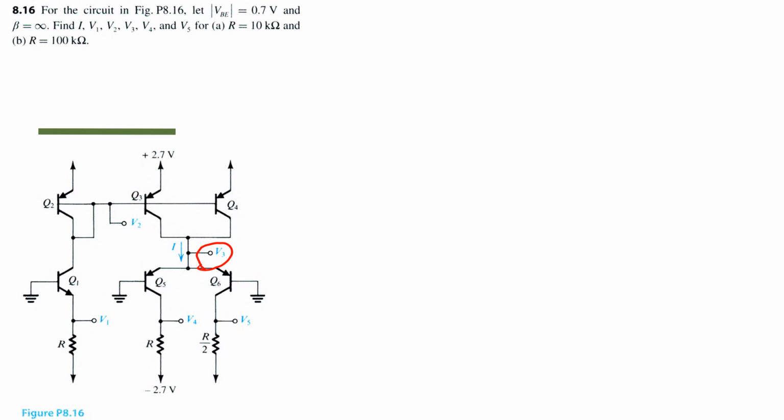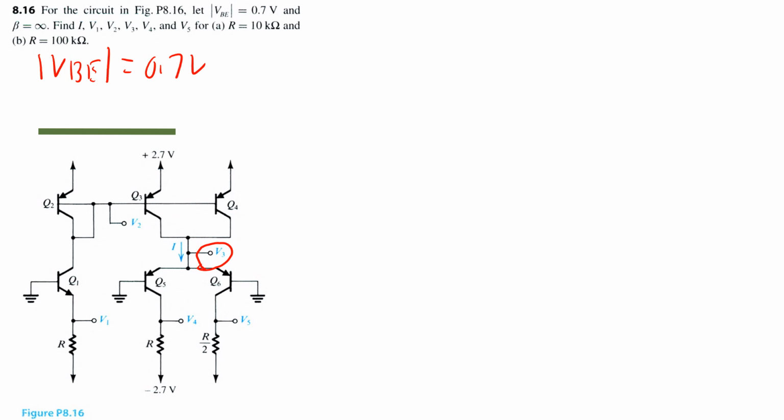How can we calculate V3? Knowing that the voltage from base to emitter is equal to 0.7 volts. Remember, we cannot calculate the voltage from base to collector, but calculating the voltage from base to emitter is actually very simple.